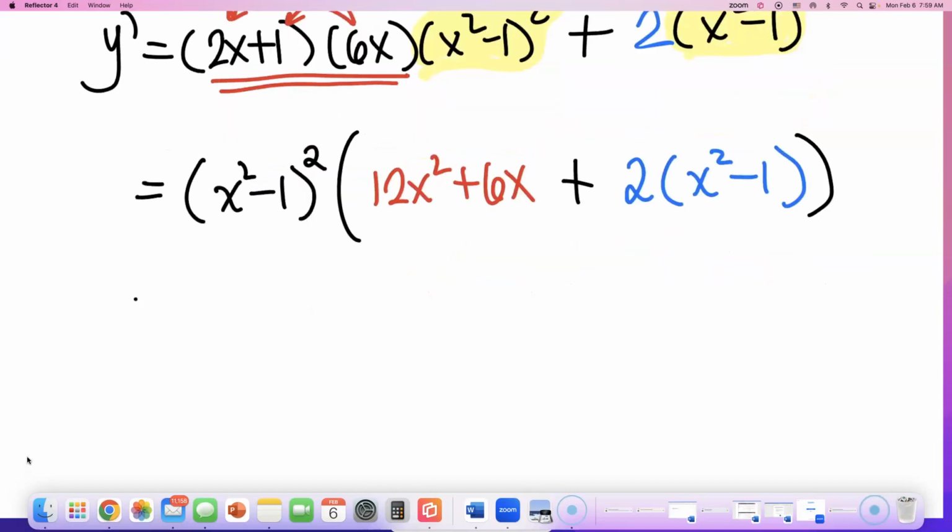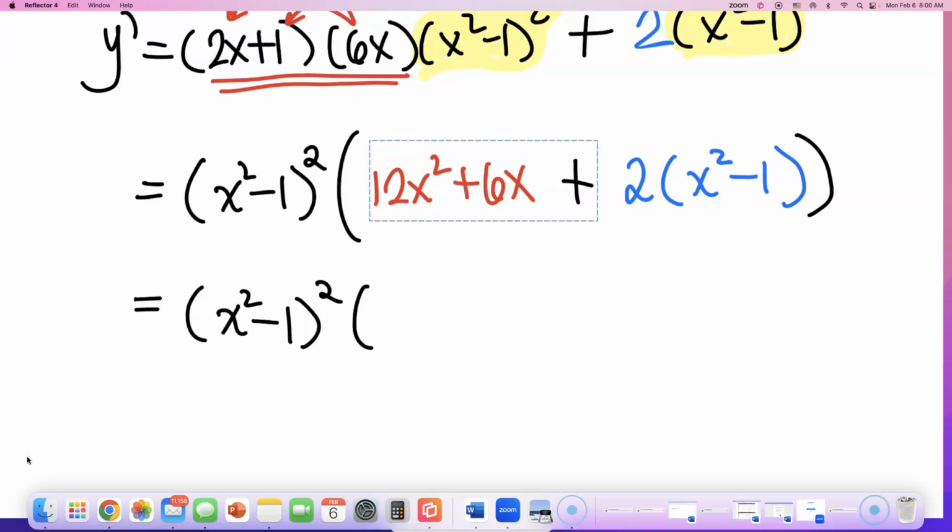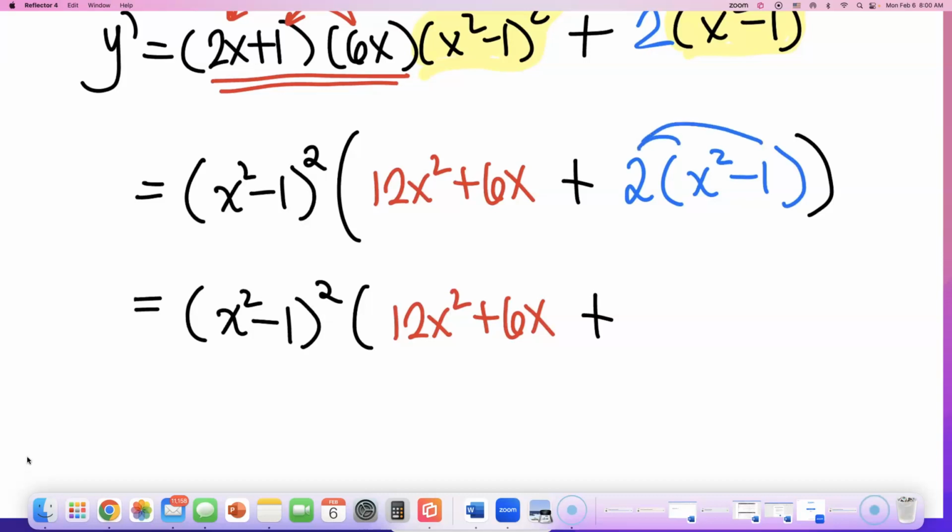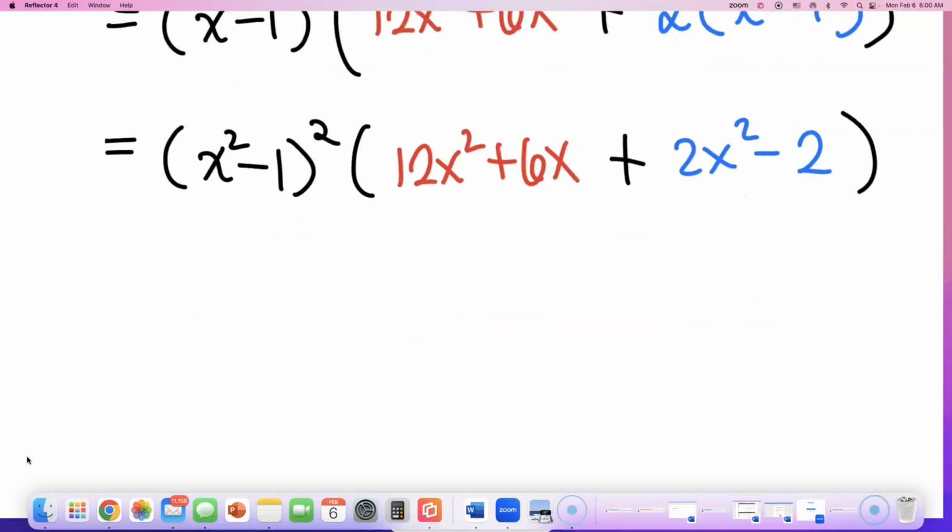All right, let's see. So keep this (x squared minus 1) squared the same. But let's see if we can simplify this by distributing that 2 first. When you get that out of the parenthesis, you'll get 2x squared minus 2. And we may be lucky to have any like terms over here, and I think we do.